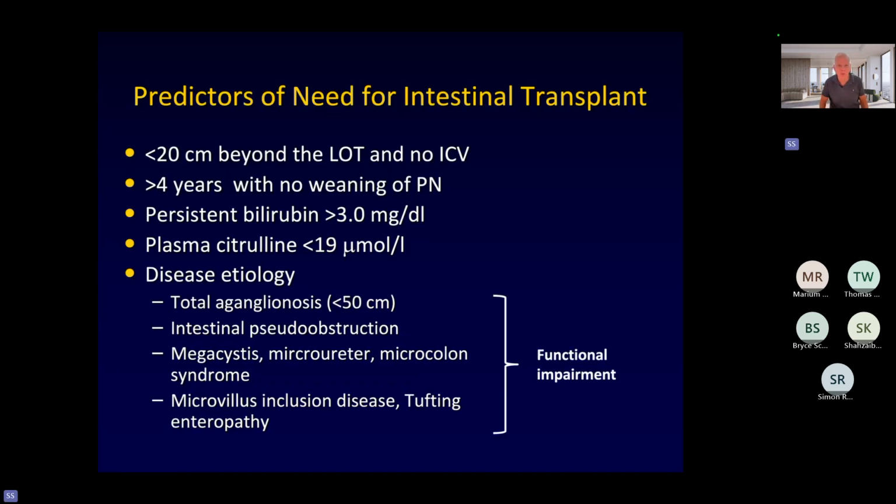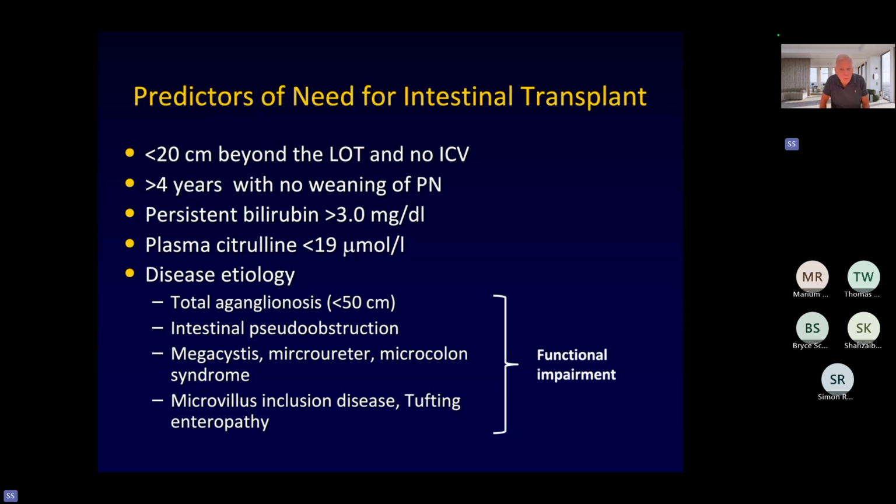What about intestinal transplantation? Can we predict the need for it? Well, if you have less than 20 centimeters beyond the ligament of Treitz and no ileocecal valve, that patient is unlikely to respond to medical or surgical management. Also patients who have gone over 4 years with no weaning of parenteral nutrition, patients with persistent hyperbilirubinemia, and patients with a low level of plasma citrulline.